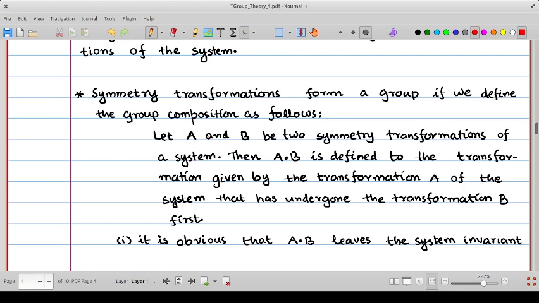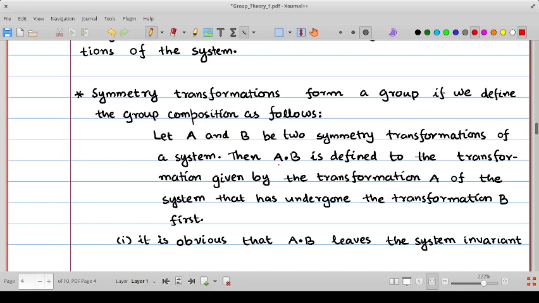Now we can define the composition of these two operations A and B in the following way. We first consider the transformation B on the system, followed by the transformation A on the result of the action of B on the system. Now since B doesn't change the geometry of, for example, this circle, the action of B on the circle gives the circle itself, the same figure, and the action of A on the result will also give the same figure.